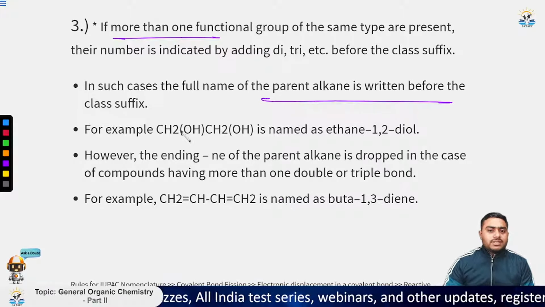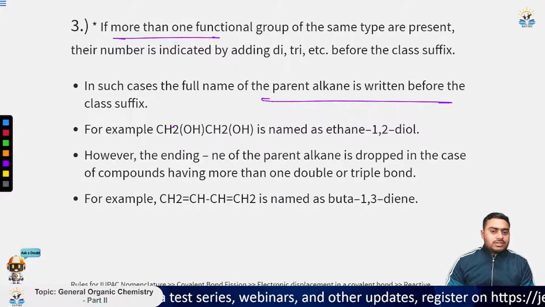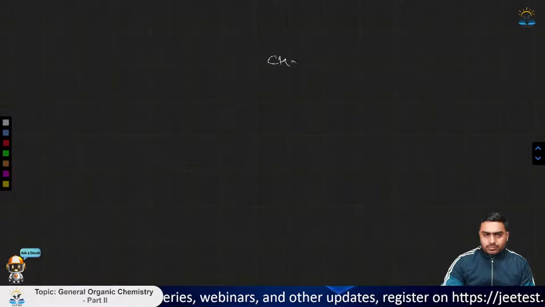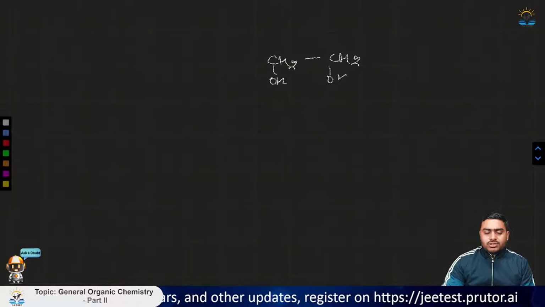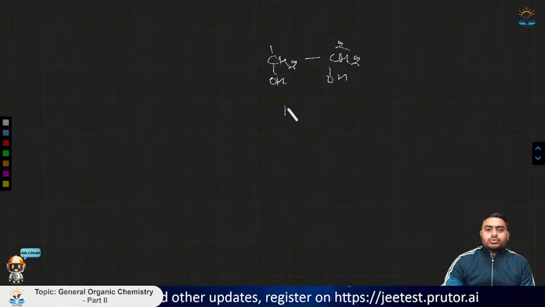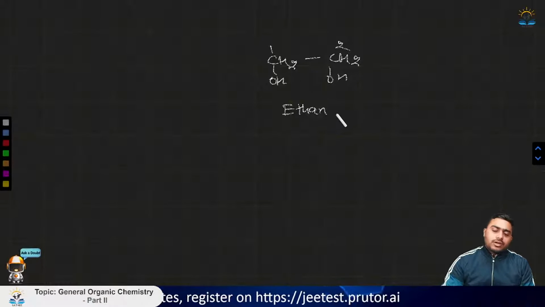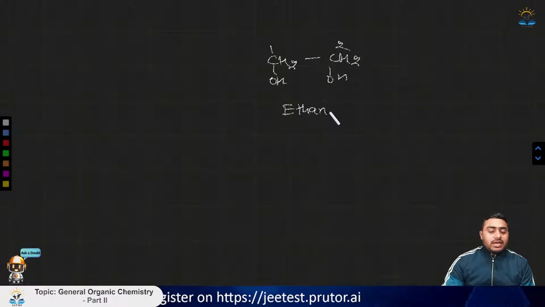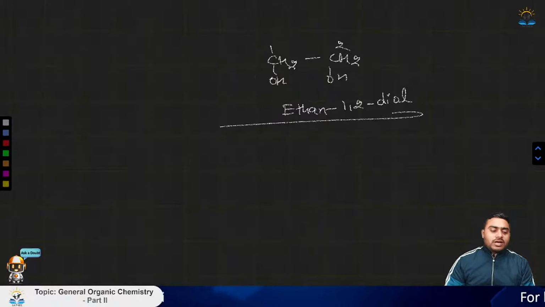For example, you can see CH2OH, CH2OH, 1, 2. So 2 carbons are there. Word root is eth, suffix is ane. Then there should be one more suffix which represents the functional group. So ethane 1,2 diol. Ethane 1,2 diol.